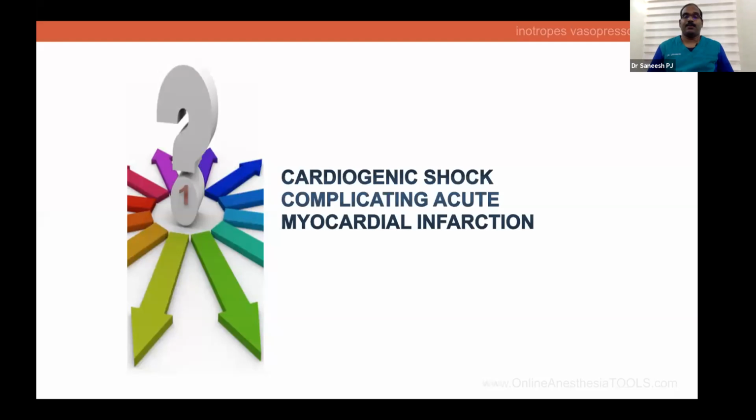So the first scenario we'll do is cardiogenic shock complicating acute myocardial infarction. My humble request to the residents listening to this webinar is, you need to understand why we come to this particular scenario rather than taking a cookbook recipe kind of approach, that for this condition, this is the drug.